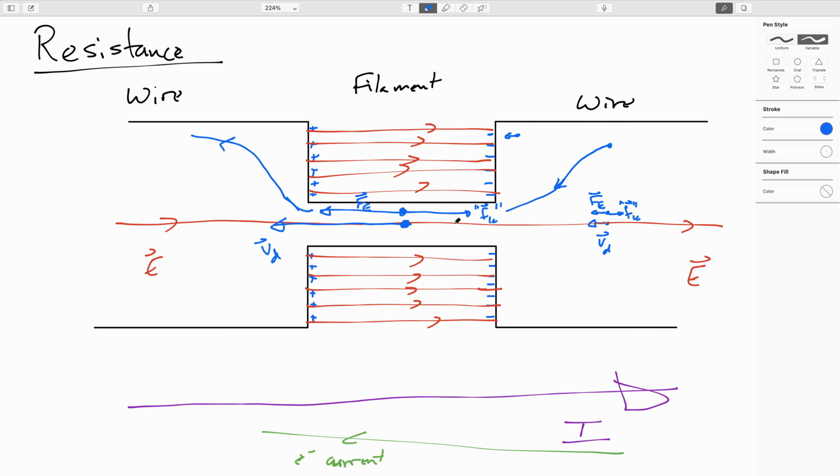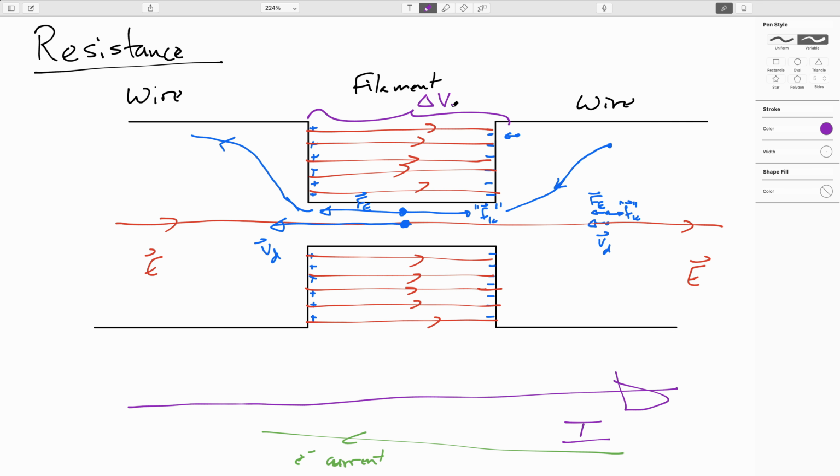Okay. So, in fact, in practical devices, most of the time we get away with saying that in steady state, the electric field of the wire we acknowledge is not zero, but compared to the resistive devices, it's pretty darn close. So what this will mean is that for practical purposes, you can go with modeling all of the voltage drops as being across the resistive devices. So across here, we have an electric potential difference because we have an electric field strength.